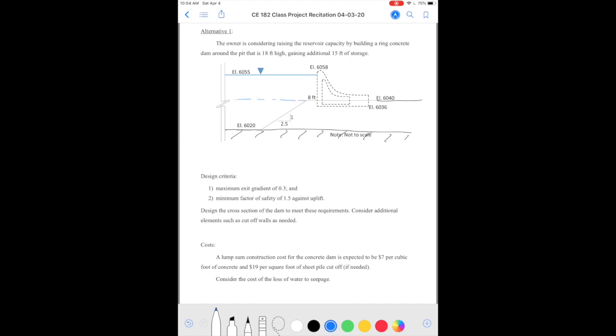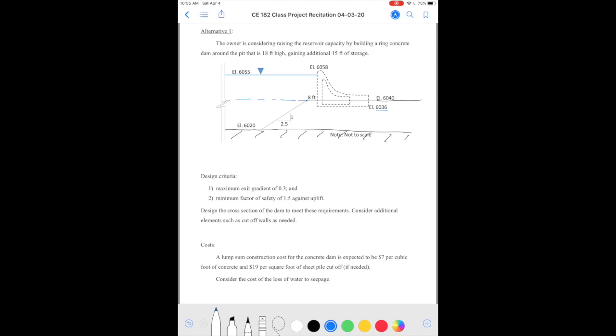The concrete dam is going to be 4 feet deep. If you see that the elevation of the ground surface is 6040 and the bottom of the concrete dam is 6036, and the dam starts 8 feet from the top of the excavation.